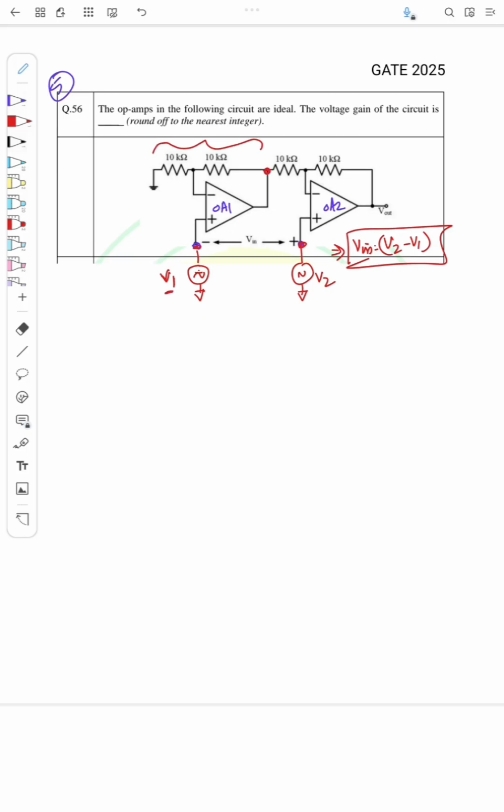So I'll call this output VO1. So VO1 here is the non-inverting gain, that is 1 plus RF by R1. Both are 10K, so 10K by 10K, into the input voltage V1. So 1 plus 1 into V1, that is 2V1, is the output voltage VO1. So this is the output voltage of OA1.